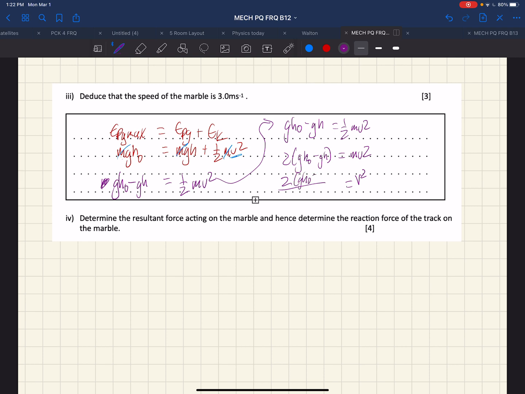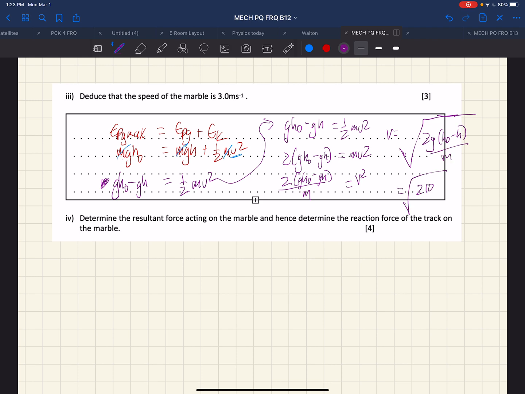The velocity then is the square root of that whole mess, which is 2g. We'll factor out a g. Square root of 2g times h0 minus h.